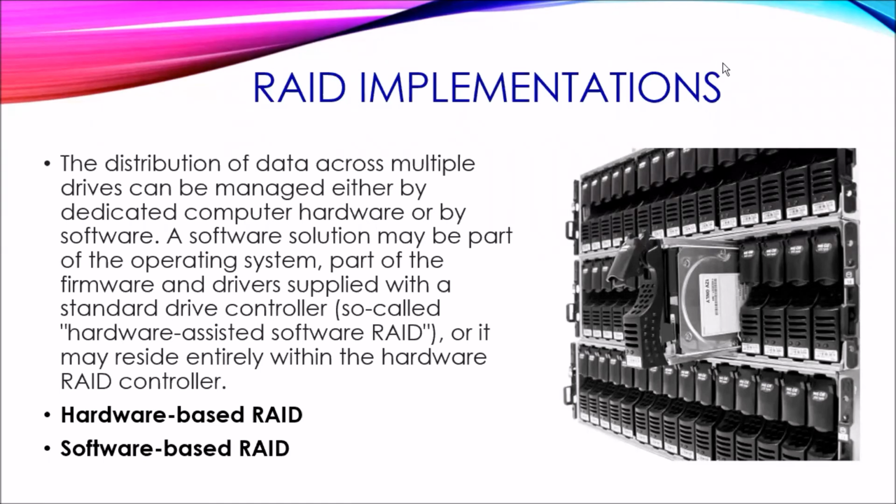A software solution may be part of the operating system, or part of the firmware and drivers supplied with a standard drive controller, so-called hardware-assisted software RAID, or it may reside entirely within the hardware RAID controllers. So there are two types of RAID: hardware-based RAID and software-based RAID.